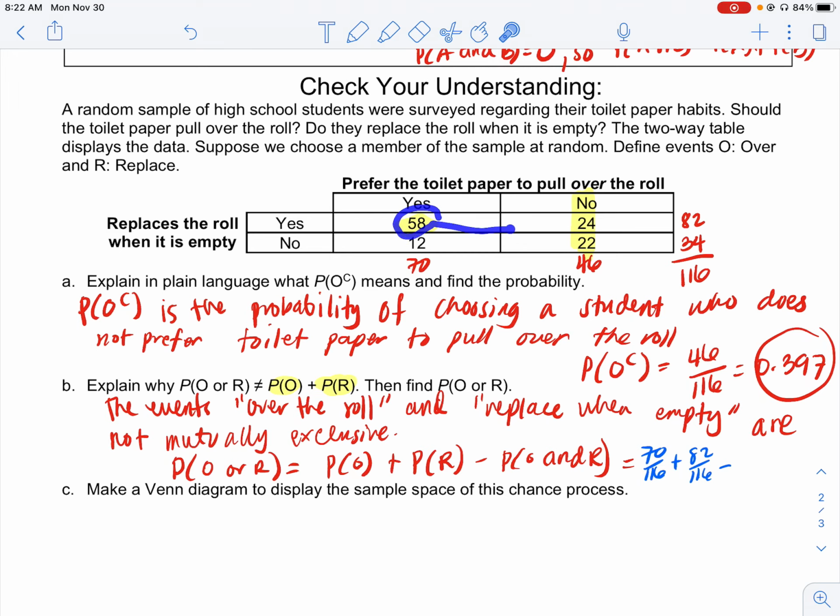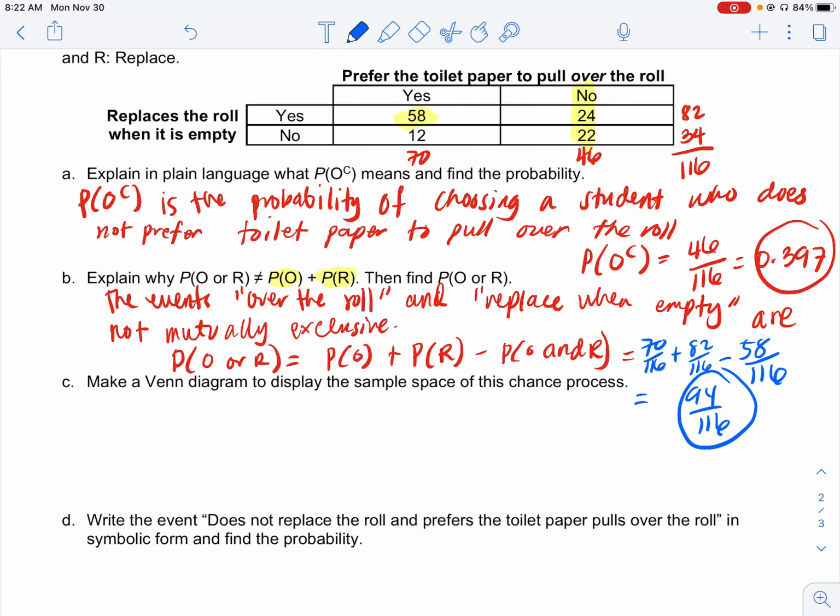This 58 people is added in the 82, correct? This 58 people also is added in the 70. That doesn't make sense, right? If we just add the 70 and the 82, that means we're adding these people twice. So in order to avoid adding those people twice, we need to subtract that in our equation. So our answer here is 94 over 116.